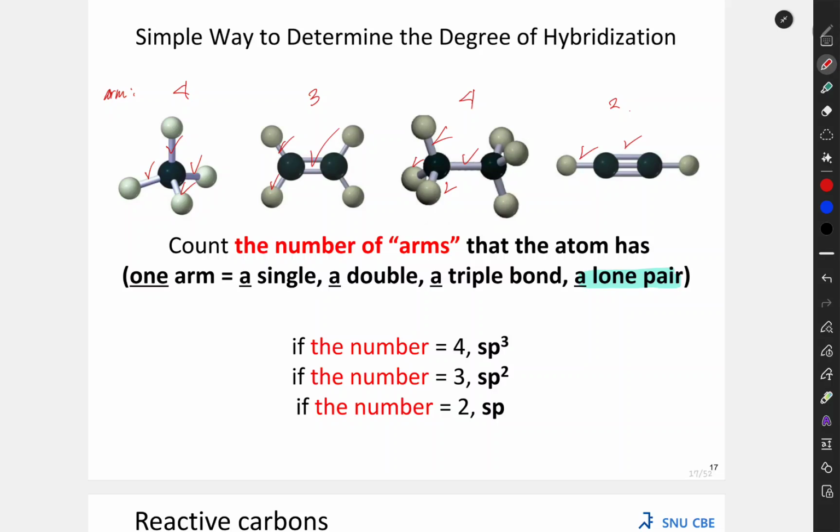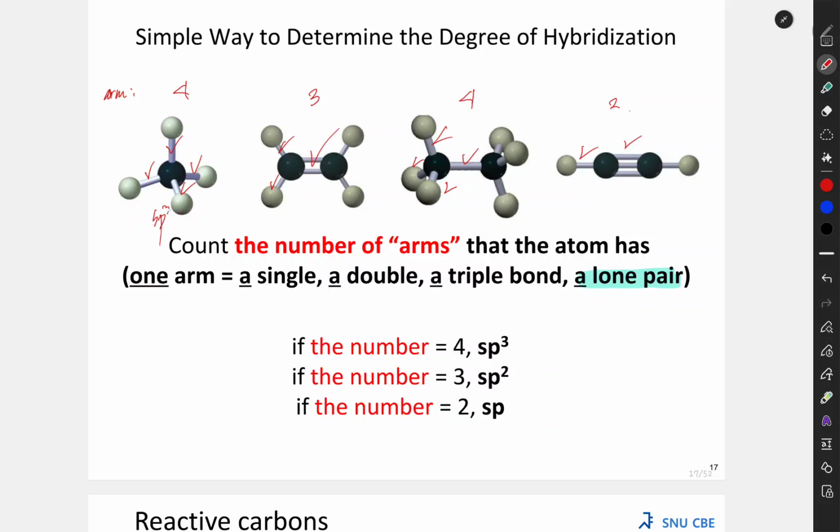If the number is 2, then the central atom must be sp hybridized. So you can take an example here of methane. You can count the number of arms. You have 1, 2, 3, 4 single bonds, so the total number must be 4. There will be no double bond, no lone pair, so you know that the central carbon is sp3 hybridized.